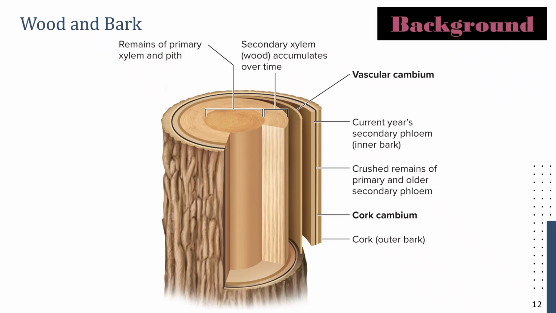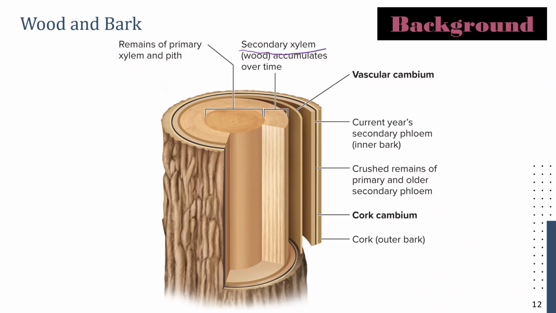But wood is really dense, it's really hard, and it is built in layers moving out from the center. So in the center, we have our primary xylem, and then as the plant grows, it accumulates a second layer of xylem around the primary layer.